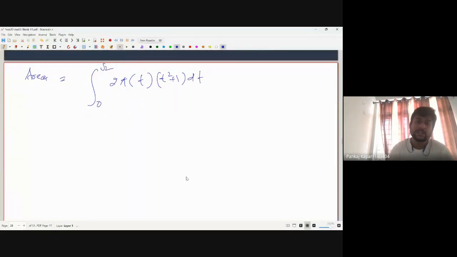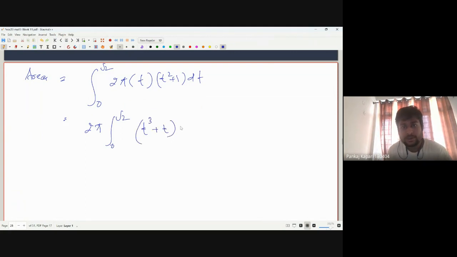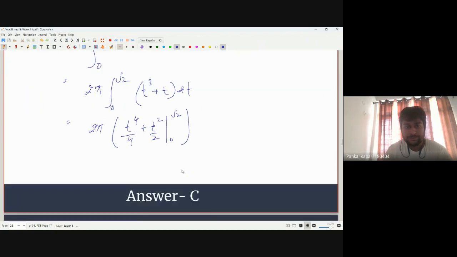So if you find this integral, you get the area. Take 2 pi outside, integral from 0 to root 2. Expand the product, so it's (t cube plus t) dt. If you integrate, you have t to the power 4 divided by 4 plus t square by 2, and take limits from 0 to root 2.